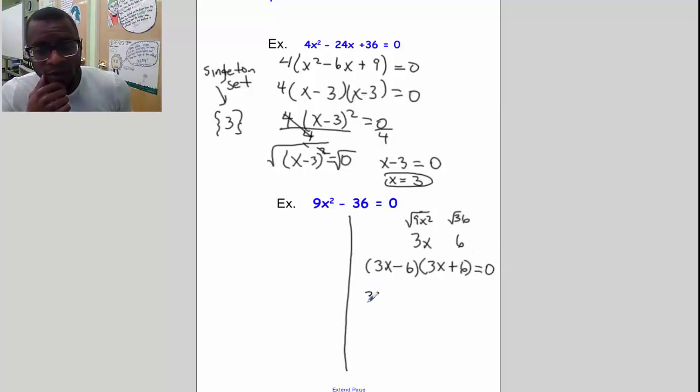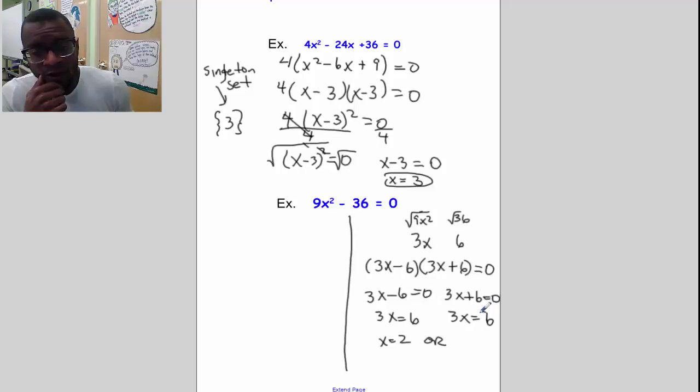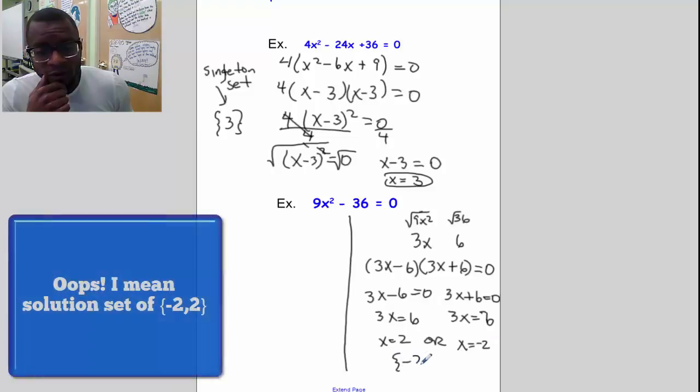And so we get 3x minus 6 equals 0, and 3x plus 6 equals 0. When we solve this, we get 3x equal to 6, so x is equal to 2, or 3x equal to negative 6, sorry, that should be negative 6, and so x is equal to negative 2. So we get a solution set of negative 2 and 2.